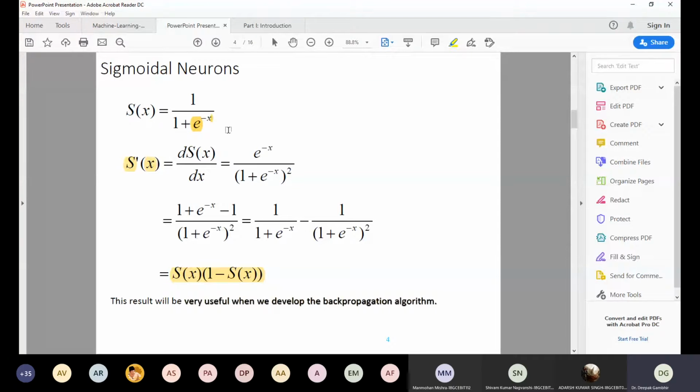Suppose s(x) is, as you know, 1 over 1 plus e to the power minus x. If you differentiate s(x) with respect to x, then that would result in e to the power minus x over 1 plus e to the power minus x, whole square. If you add and subtract 1 in the numerator and separate it out, then you will get 1 over 1 plus e to the power minus x minus 1 over 1 plus e to the power minus x, whole square.